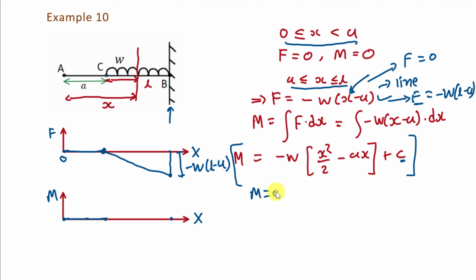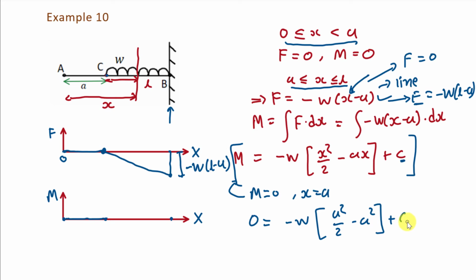So m will be equal to 0 at x is equal to a. If we put this in this equation, then it will be 0 is equal to minus w into bracket x is equal to a. So it will be a square by 2 minus a square bracket over plus c.